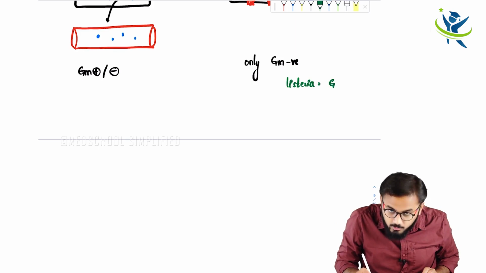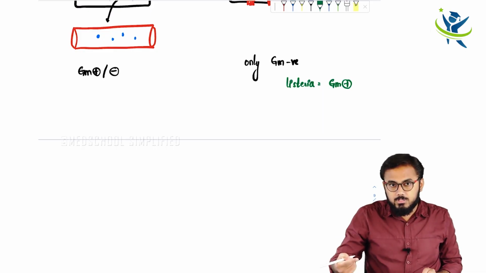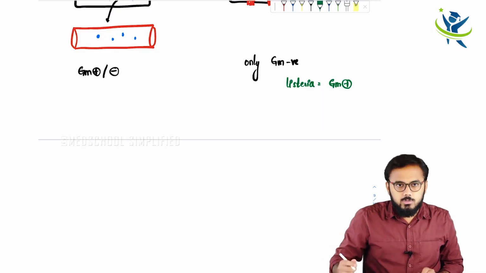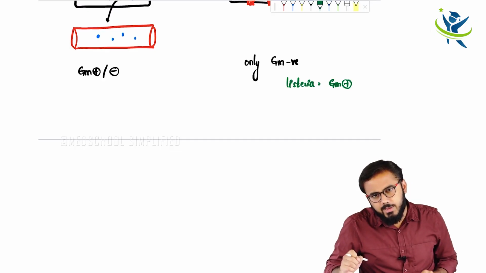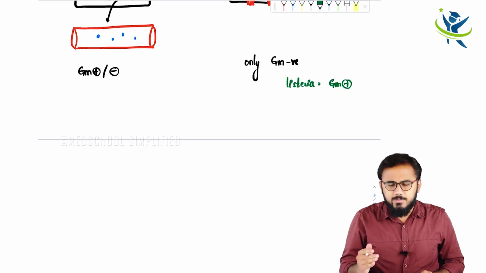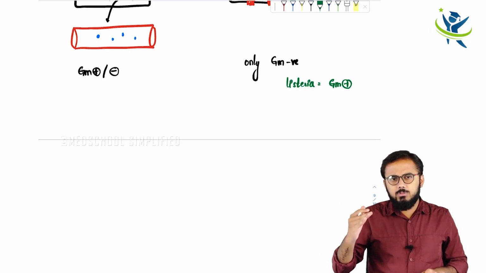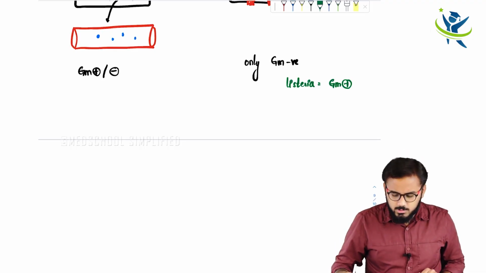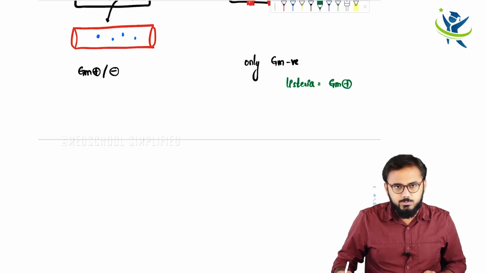Listeria is a gram positive bacteria, and it is the only gram positive bacteria where the endotoxin will be released. Other than Listeria, only gram negative bacteria release endotoxin. So this is an exception.